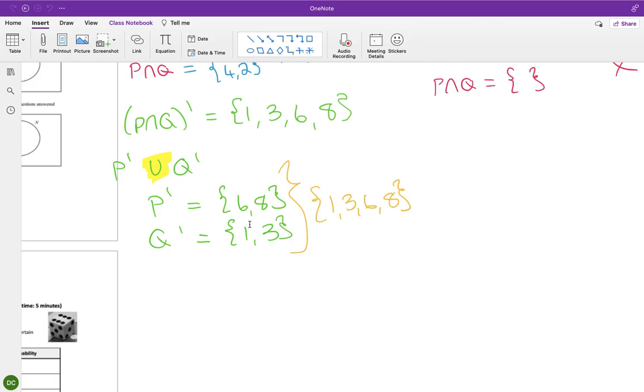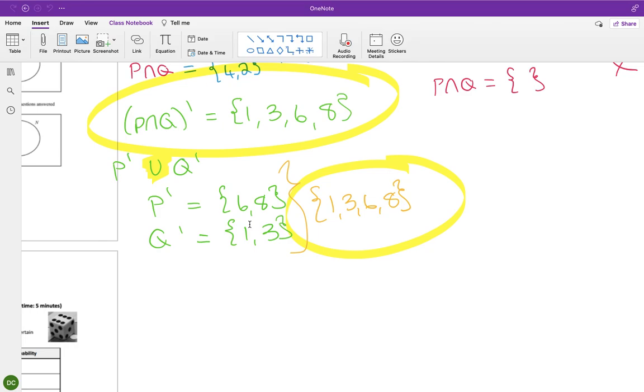So are they the same? Yep. So there's P intersection Q complement. And then down here, I did P complement, Q complement, and then I unioned them, and I got the same answer.